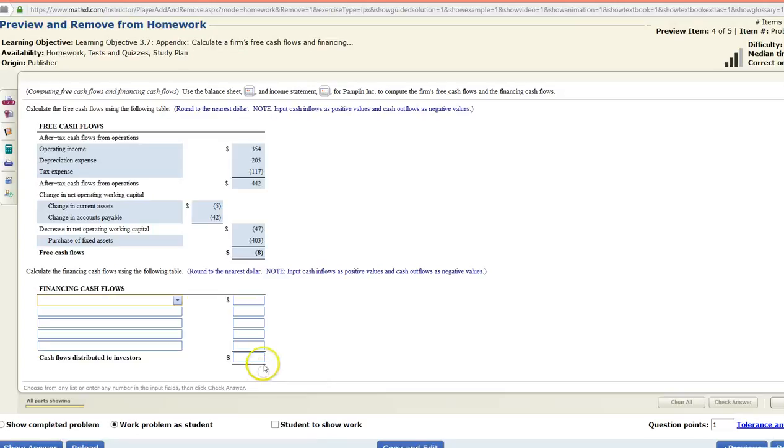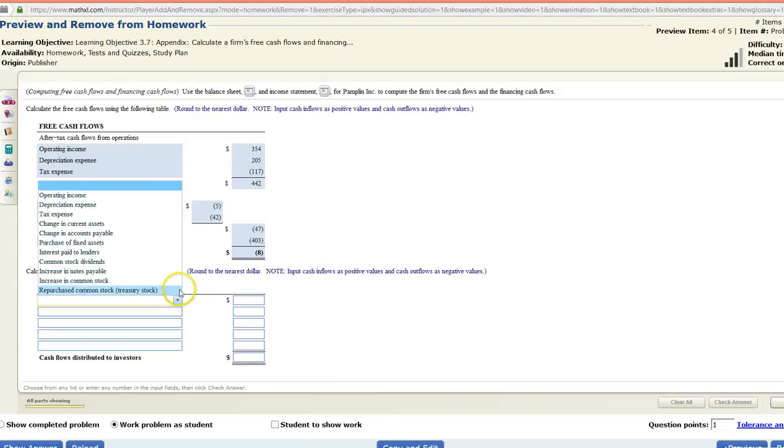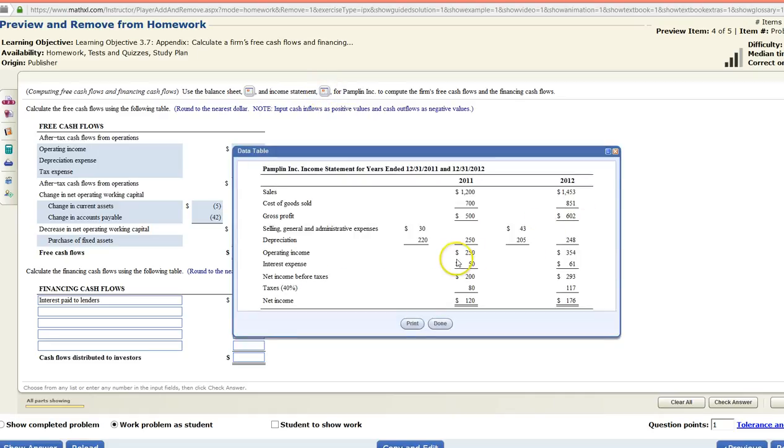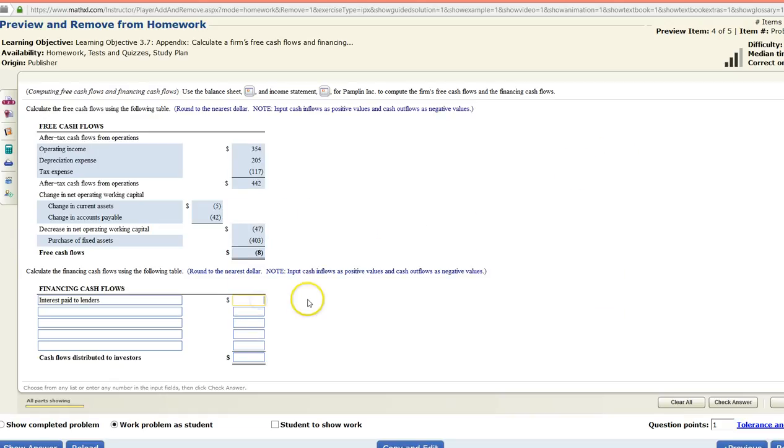So going back to that question, first we have the interest expense, interest paid to lenders. We find that information from the income statement. The interest expense of the most recent year is 61. That's from the creditor's perspective, but from the firm's perspective, this becomes an expense, so we need to put a negative sign in front of it.